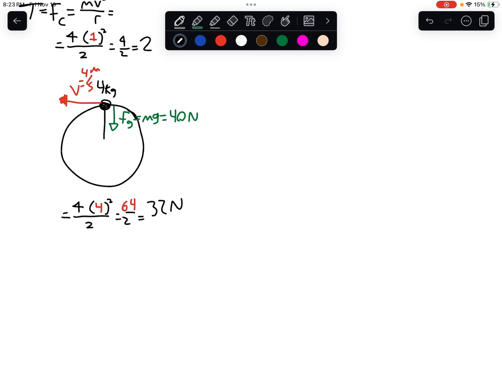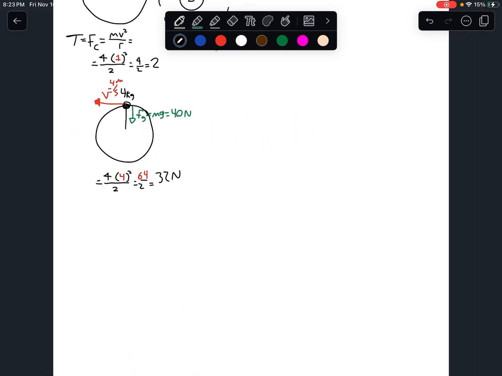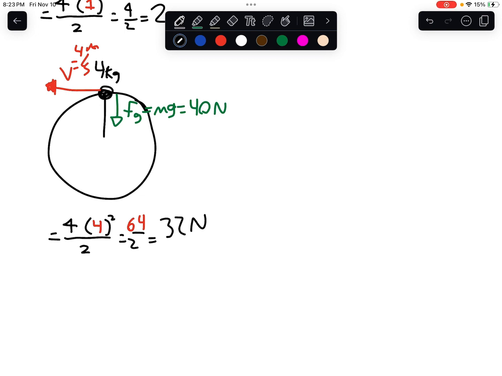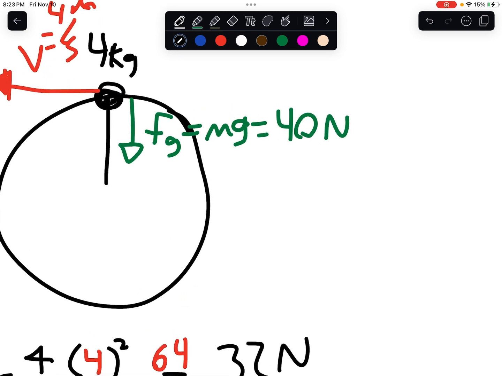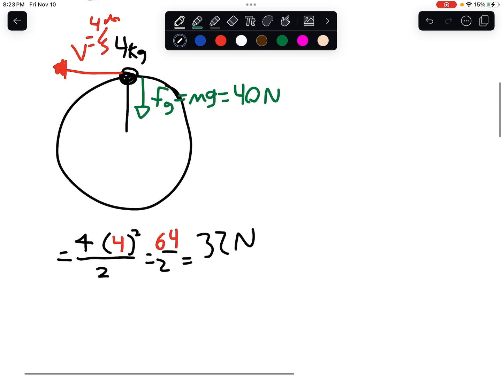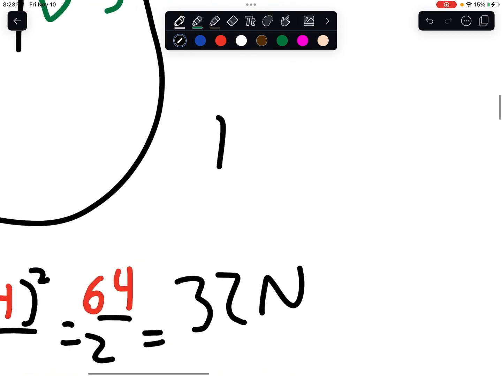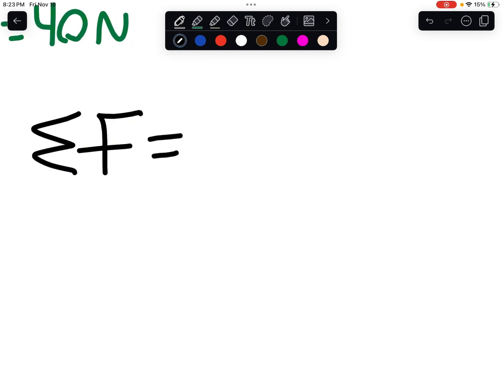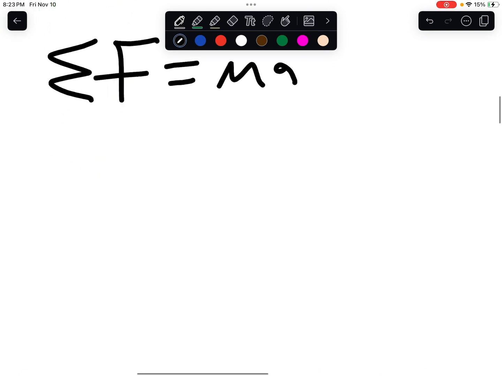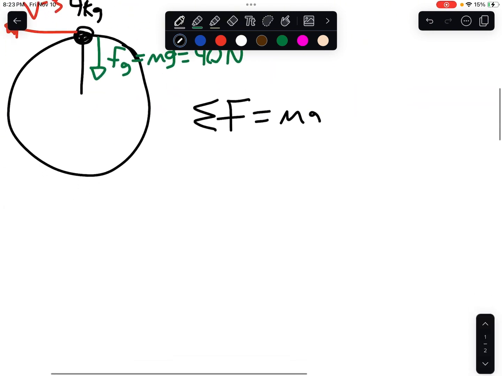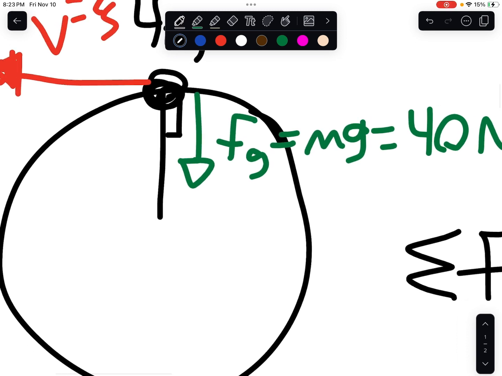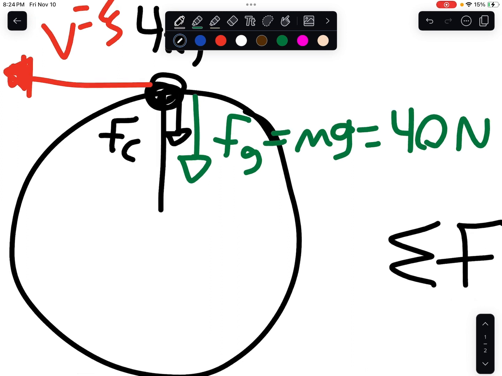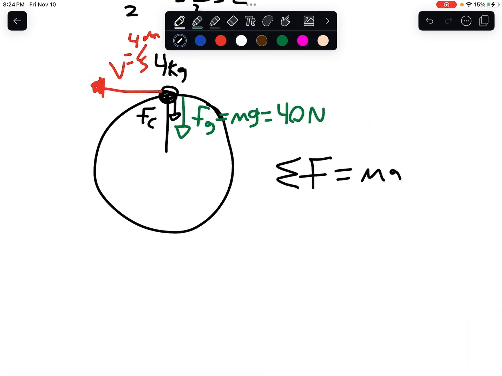But let's say they ask for the tension here. How are you going to find the tension? So we know that, Newton's second law, summation of the forces equals ma.